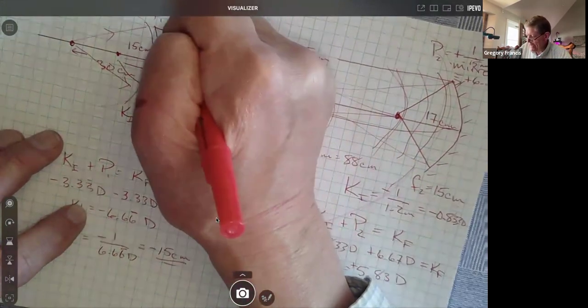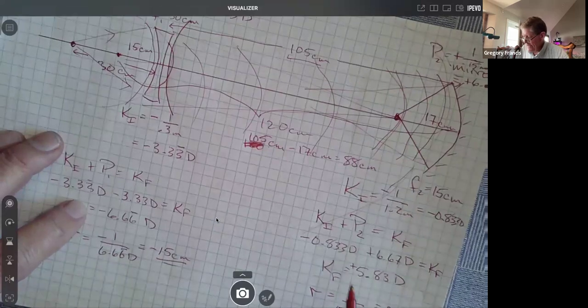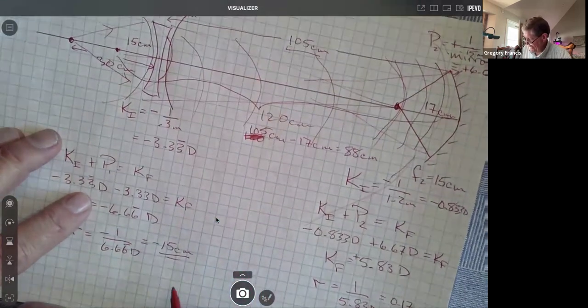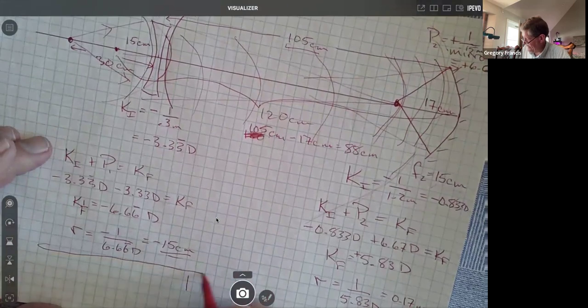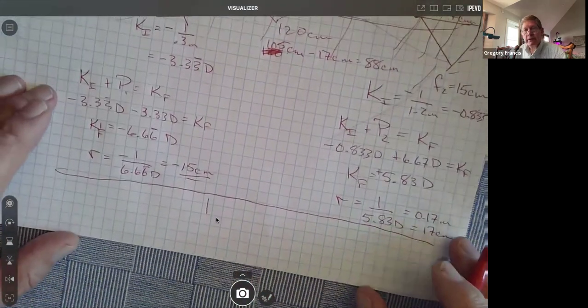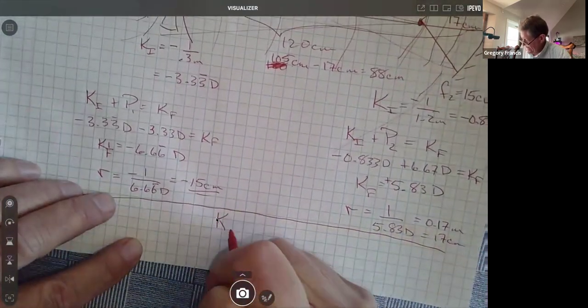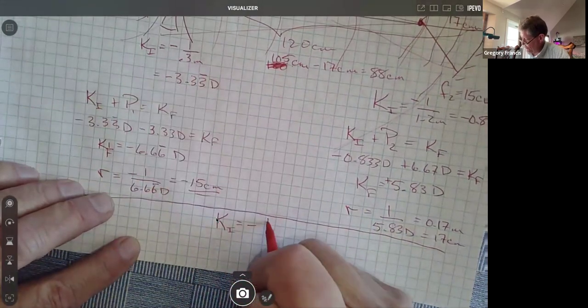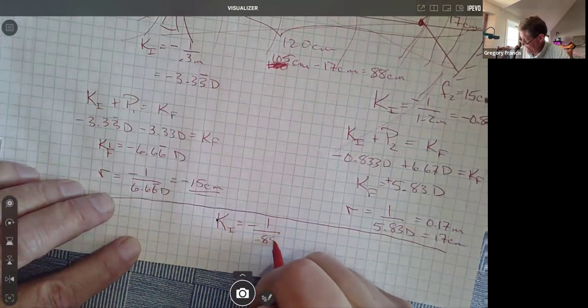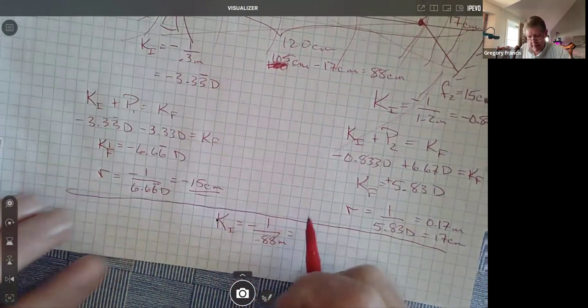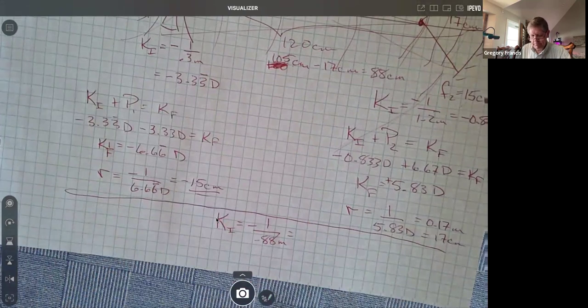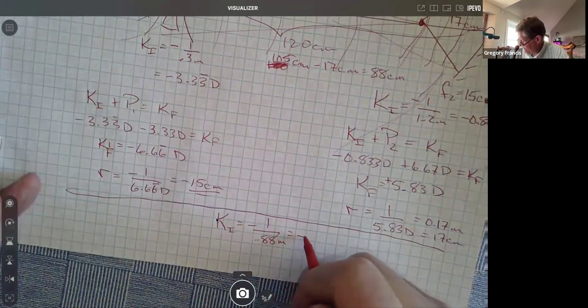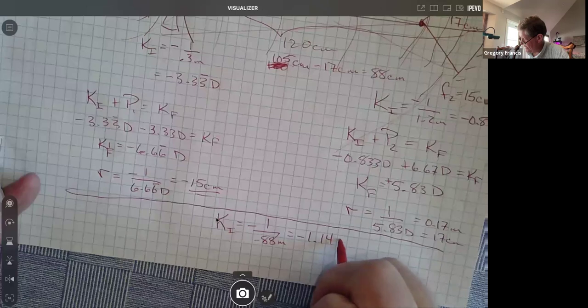So when it gets back here, its curvature is going to be negative because it's spreading out, and it's 1 over 0.88 meters. That's going to be negative 1.14 diopters.